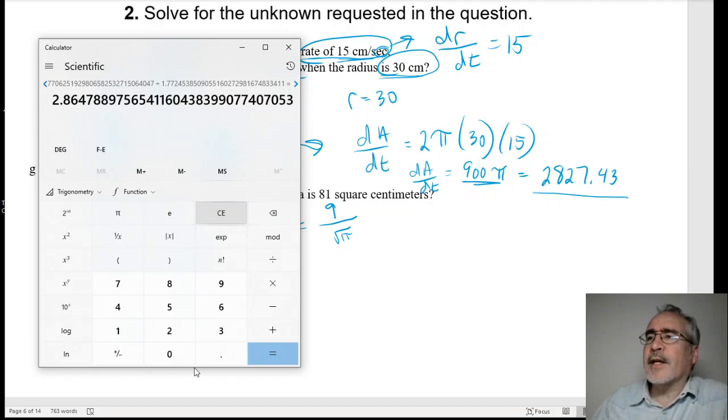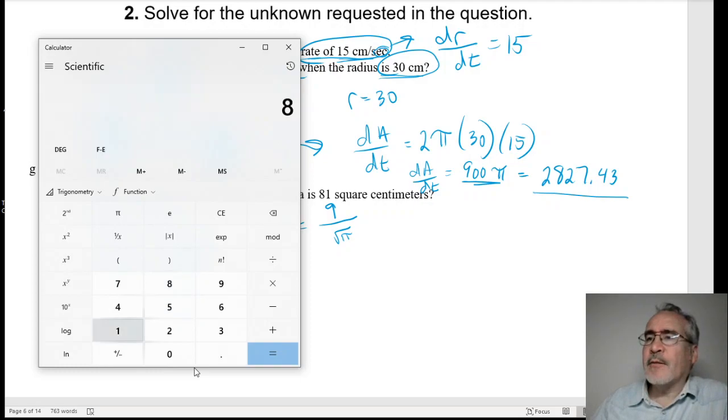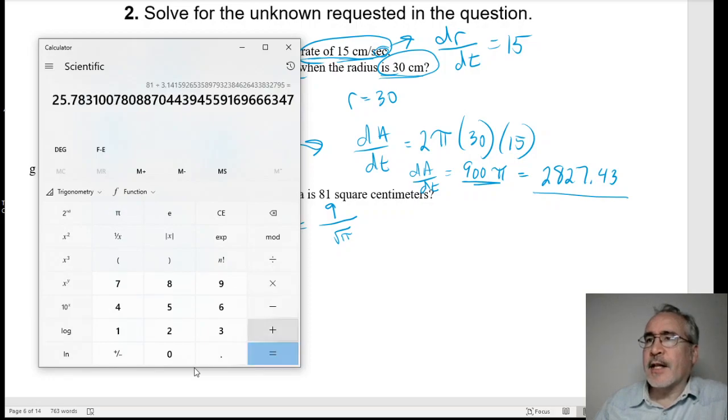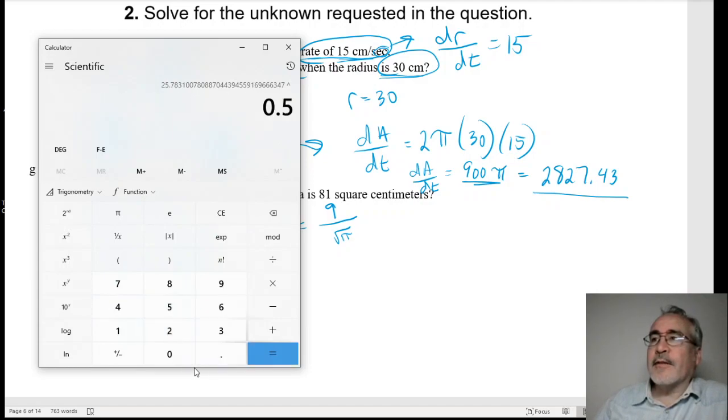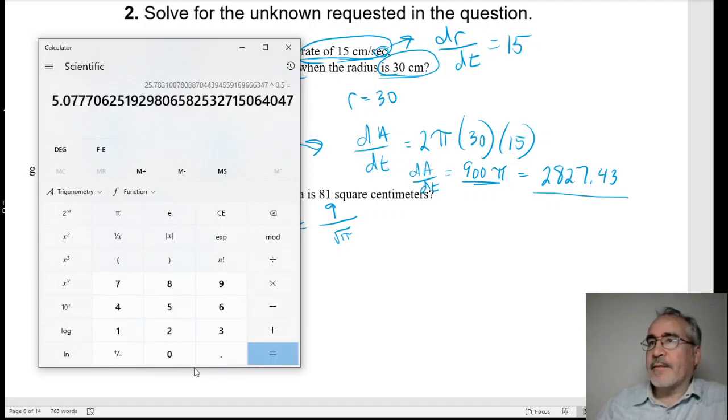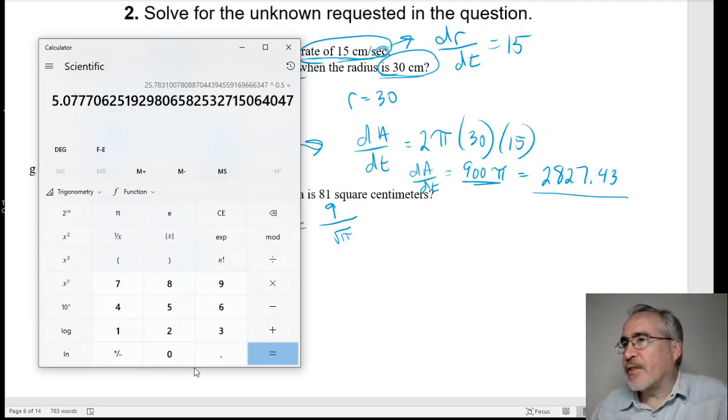Let me double check this. If I did 81 divided by pi first, and then take the square root and raise that to the 0.5 power, I get 5.08.